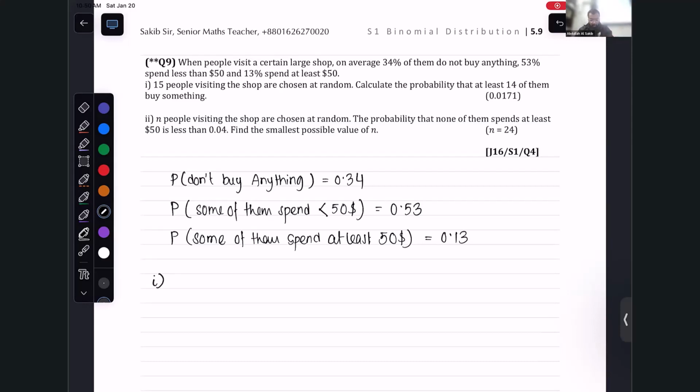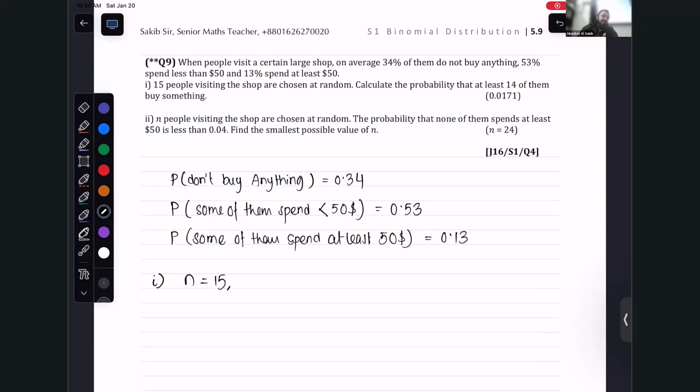Number 1. 15 people visiting the shop are chosen at random, so n equals 15. Calculate the probability that at least 14 of them buy something. So they are asking me to find the probability that out of 15, at least 14 buy something. What is the probability of success here?